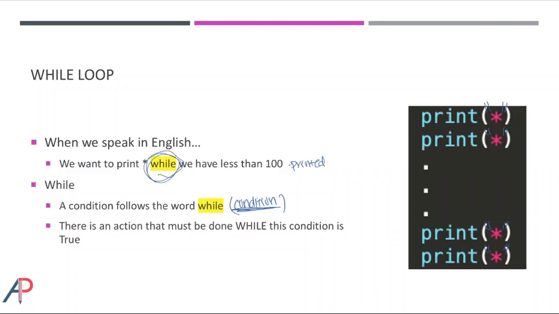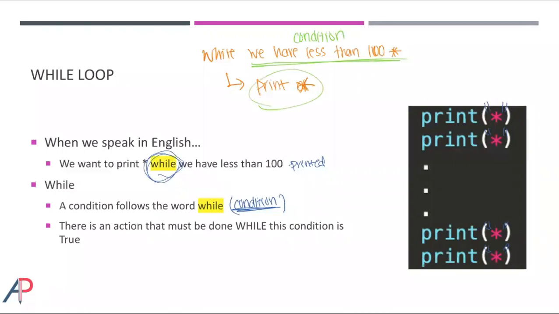Here, I said while we have less than 100 asterisks printed, then we want to print the asterisk. Talking about this, we have less than 100 asterisks, this is our condition, whereas print the asterisk, this is our action.